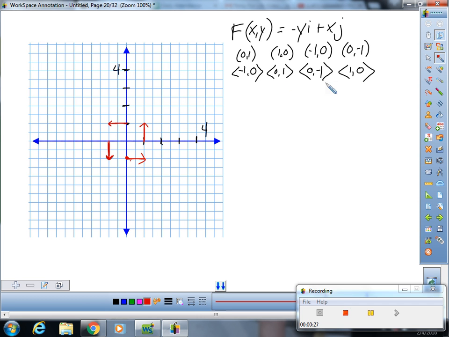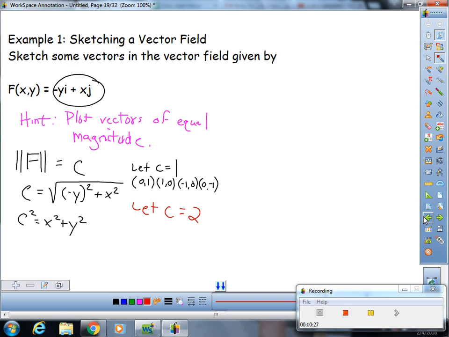They better, right? Because we set them equal to 1. So now if we let c equals 2, what will our points be? 0, 2, 2, 0, negative 2, 0, and 0, negative 2, right?